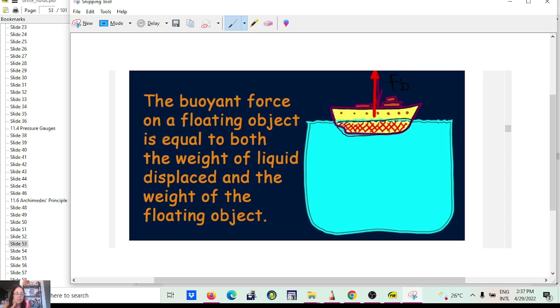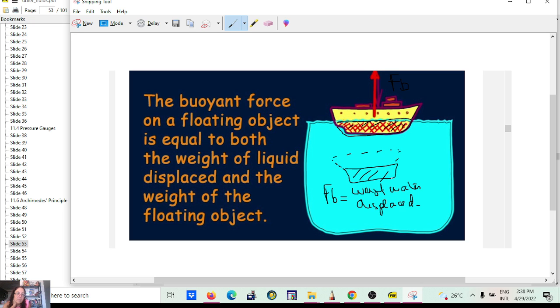So it's not displacing the whole boat, okay? It's displacing only that much of water, right? So the buoyancy force equals only the weight of the water displaced.